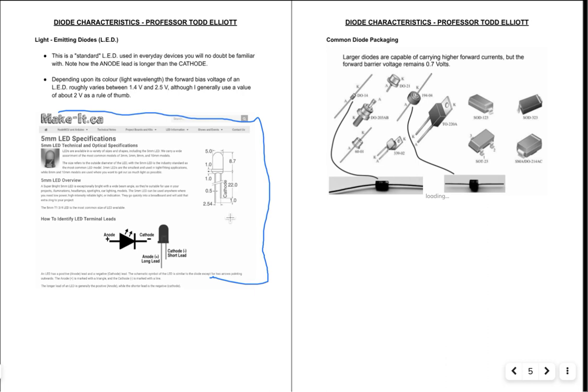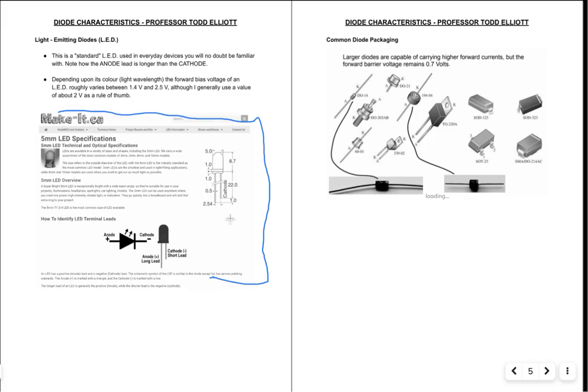It varies a little bit on the current through it, and varies with the wavelength color of the light. Generally when I'm working with LEDs, I usually assume a voltage somewhere between 2 volts to 2.2 as a ballpark number.